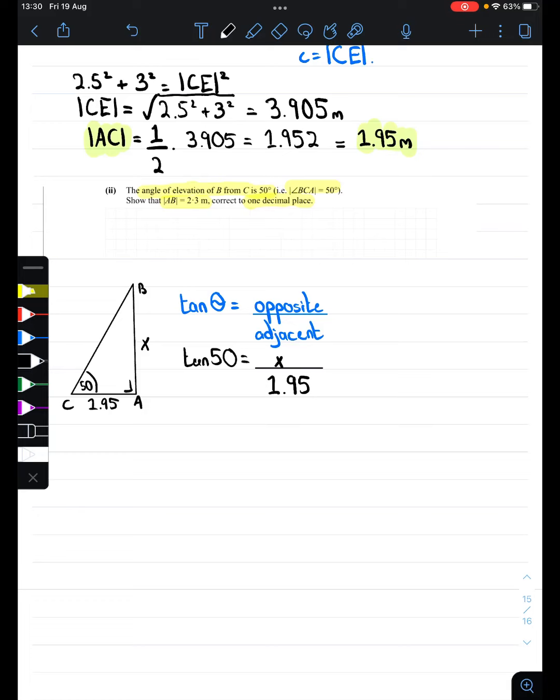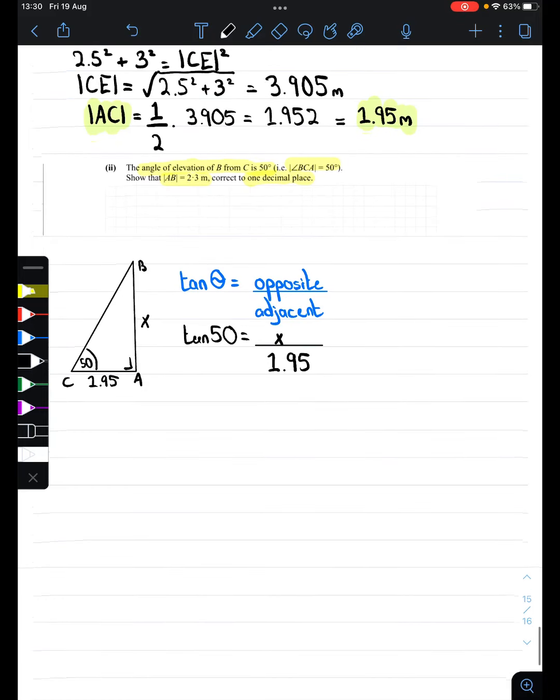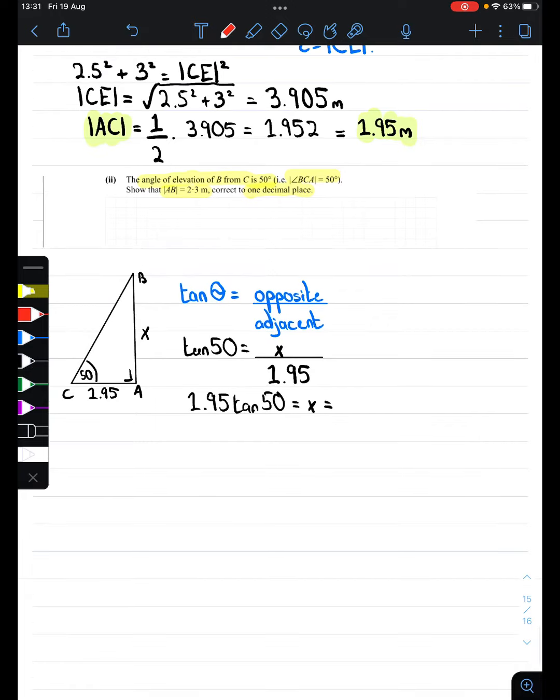And so now it's easy enough to solve for x. If we just multiply both sides by 1.95, we get 1.95 tan of 50 is equal to x, which is equal to 2.32, or to 1 decimal place, 2.3 meters.